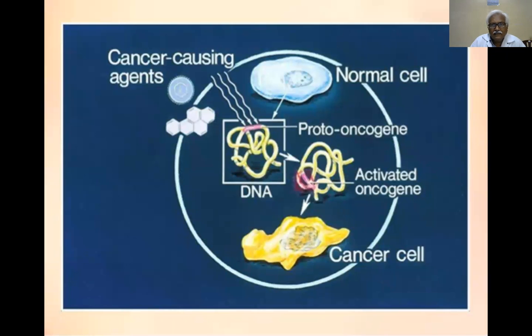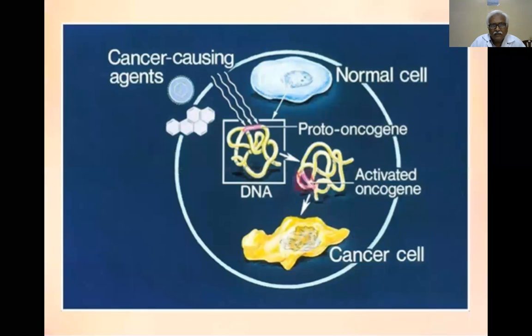Cancer causing agents affect the normal cell and create a proto-oncogene. Then the activated oncogene will come out of the DNA, involve the cell and create a cancer cell.